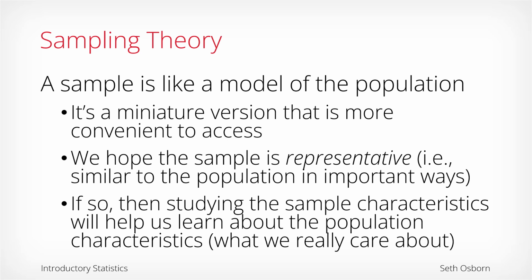Now, a sample is kind of like a model of the population. It's like a miniature version that we can actually access. And we hope that the sample is representative of the population, meaning that its characteristics are basically the same. Because if that's the case, that means that by studying the sample, we can learn about the population. And the population is what we really care about.